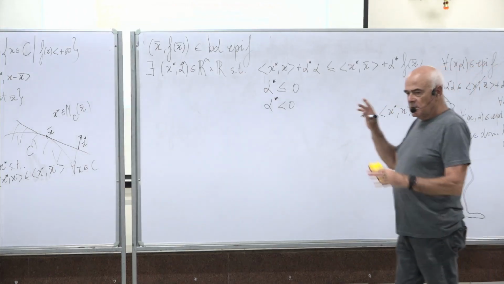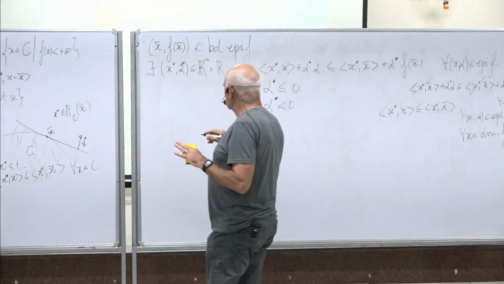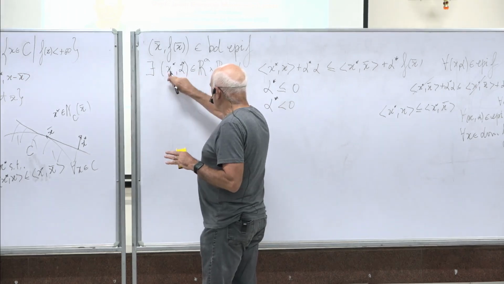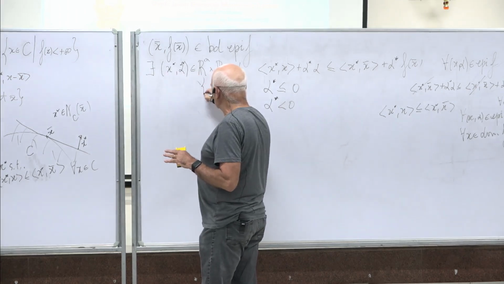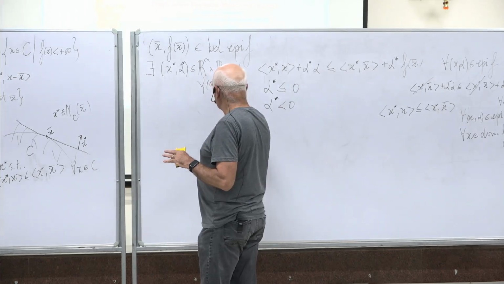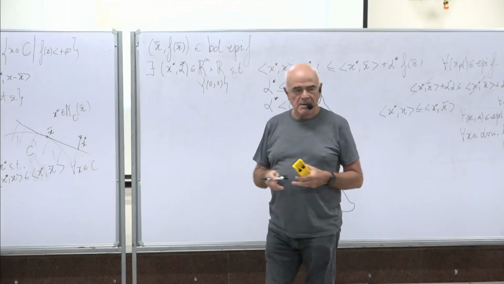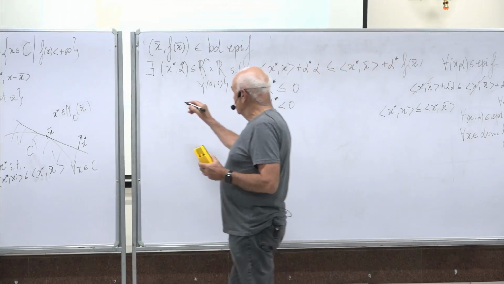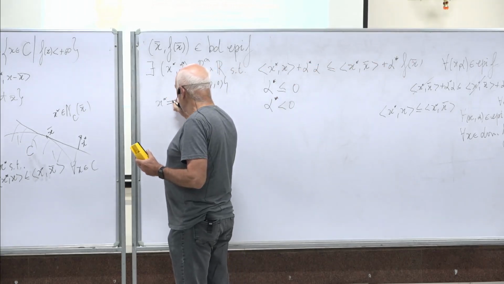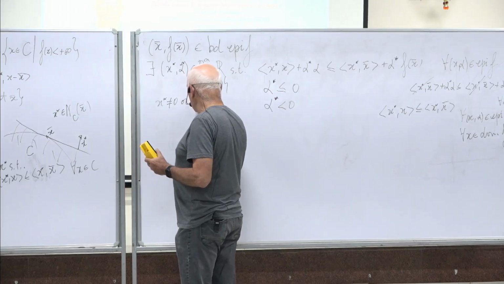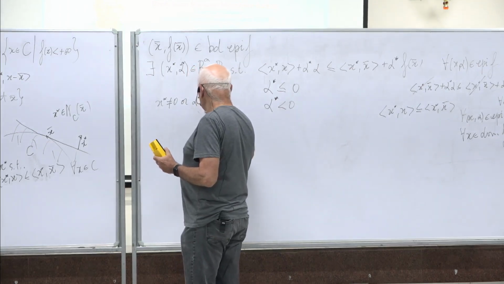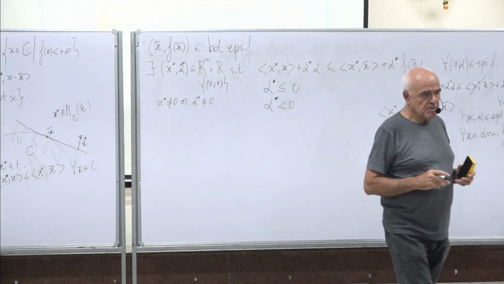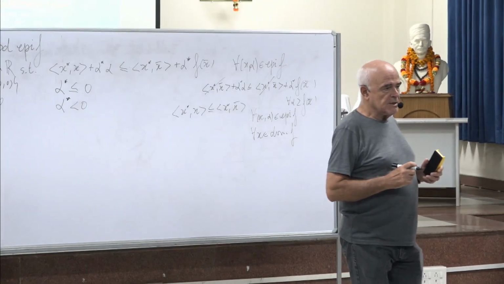So let us do it as carefully as possible. So this element, because it defines a hyperplane, cannot be 0. Okay? Which means that either x star is different from 0 or alpha star is different from 0. One of the two, at least, must be different from 0.